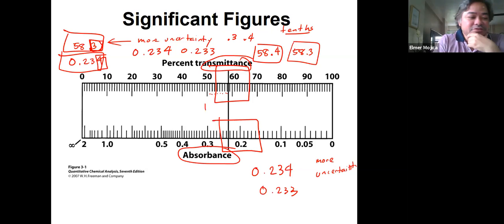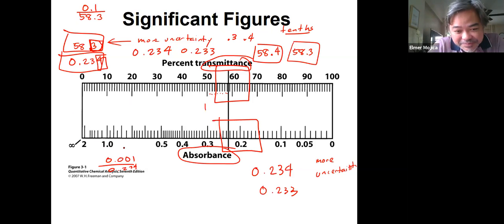If you look at the percentage uncertainty there, a difference of 0.1 divided by, let's say, 58.3, compare it to a difference of 0.001 over 0.234. So which will give you a greater number?